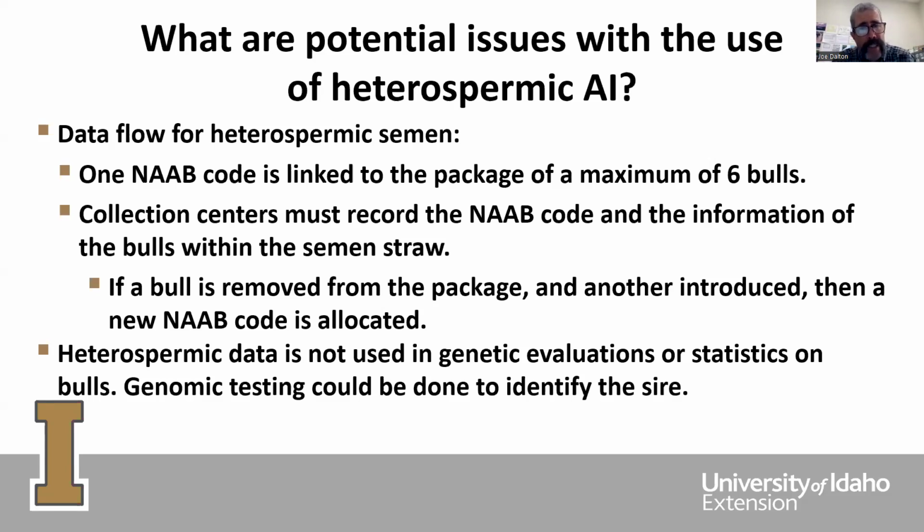Of course, genomic testing could be done to identify the sire. It could be, but we have to have these avenues to get the information reasonably efficiently into the system so it can be analyzed.